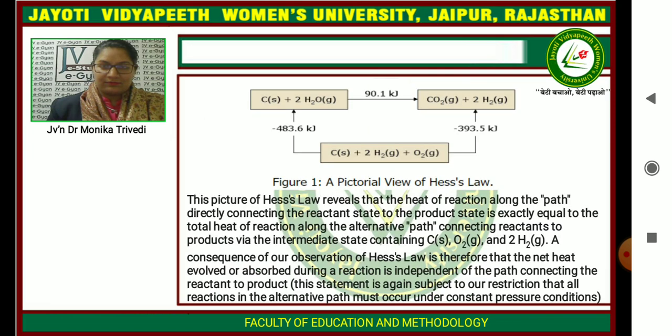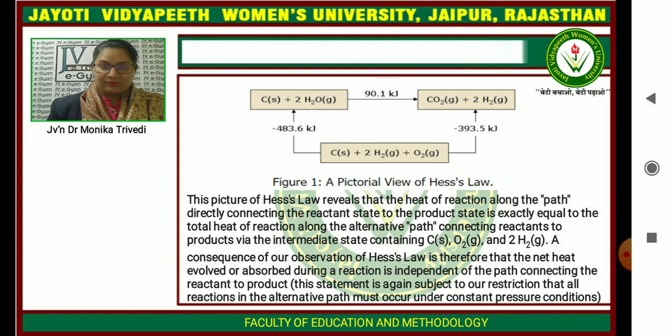Okay, you can understand this by this diagram. What you see in this figure: the reactant carbon and twice mole of H2O are placed together in a box representing the state of materials involved in the reaction prior to the reaction. The product CO2 gas and twice mole of H2 are placed together in a second box representing the state of the materials after the reaction.